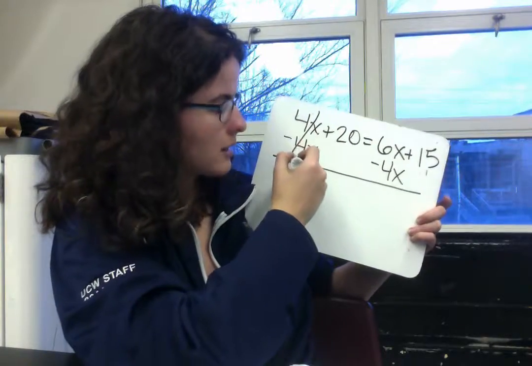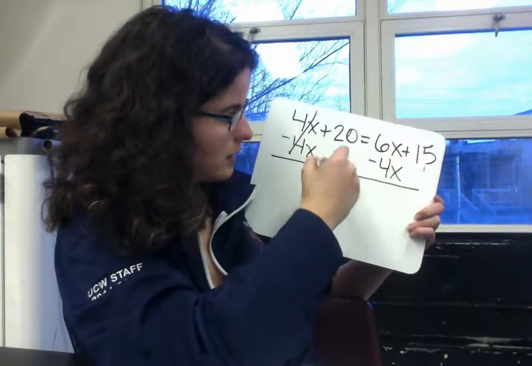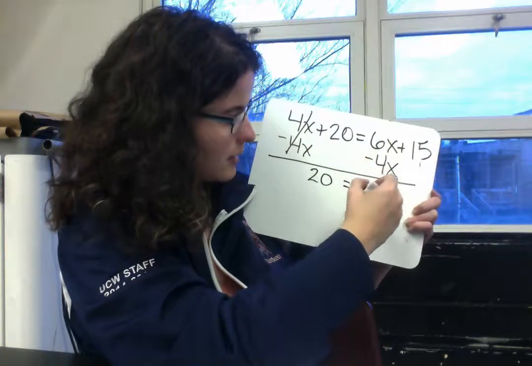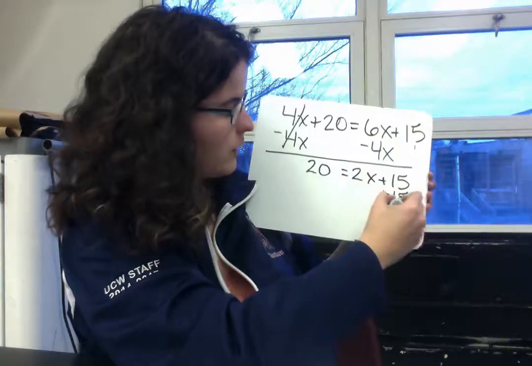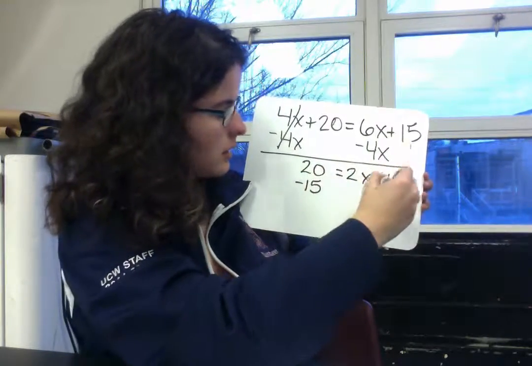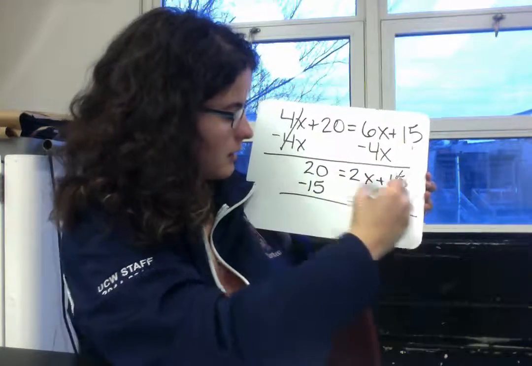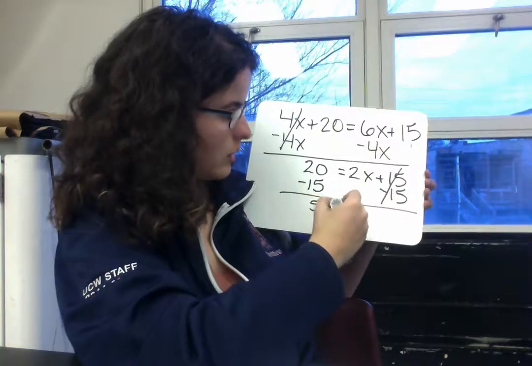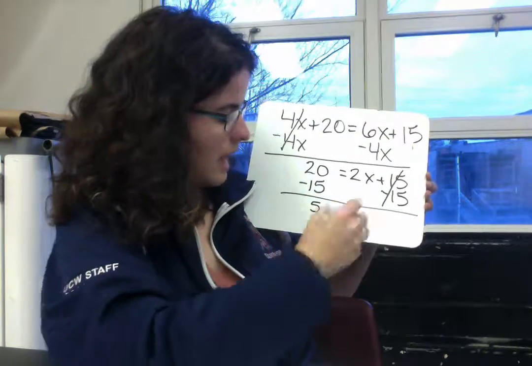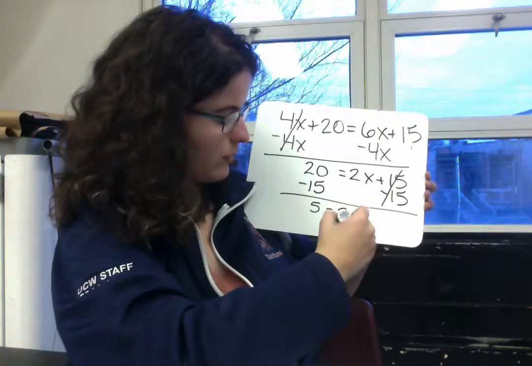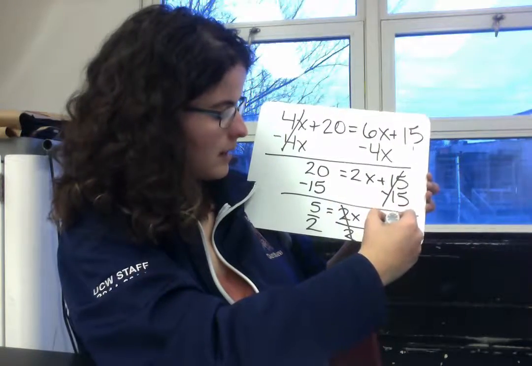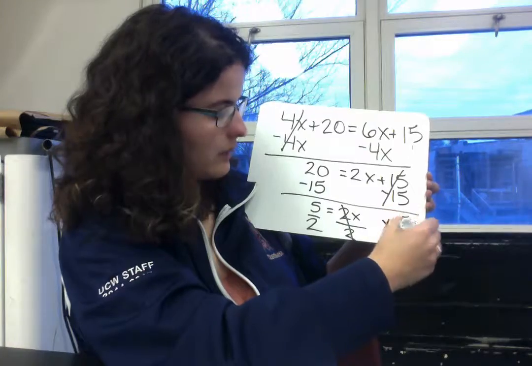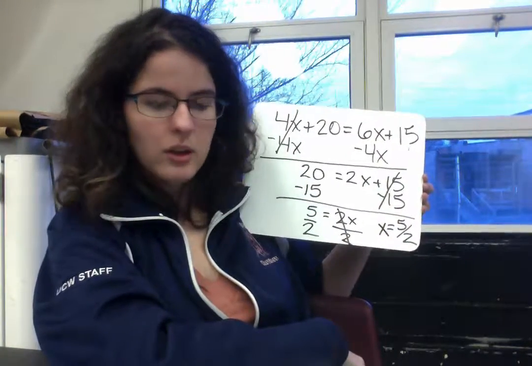So I have now no x's over here, just 20. And then I have 2 x's and 15 pennies. Then we were going to take 15 off of both sides. Doesn't have anything to do with the bags. So now I will have 5 is equal to 2 x's. And then I want to get x by itself, so I can divide by 2, so I have just x, which means that x is equal to 5 halves. And that works there too.